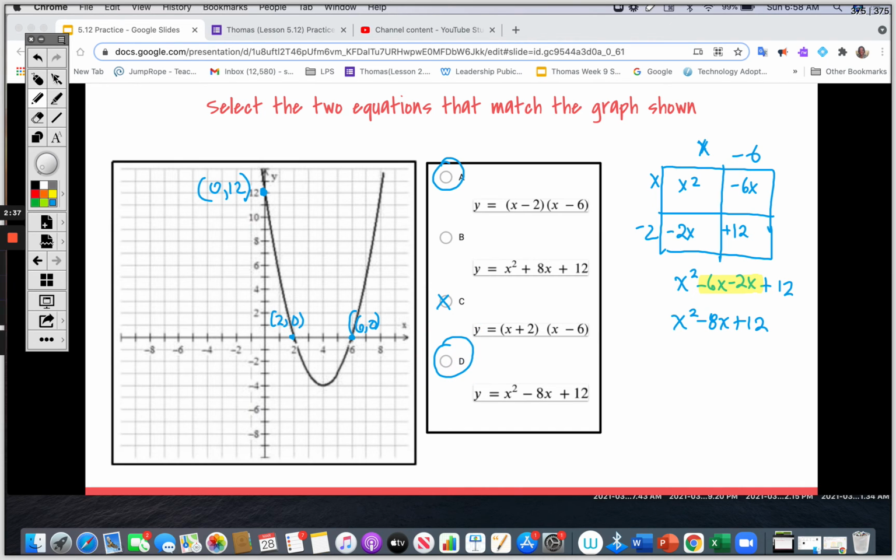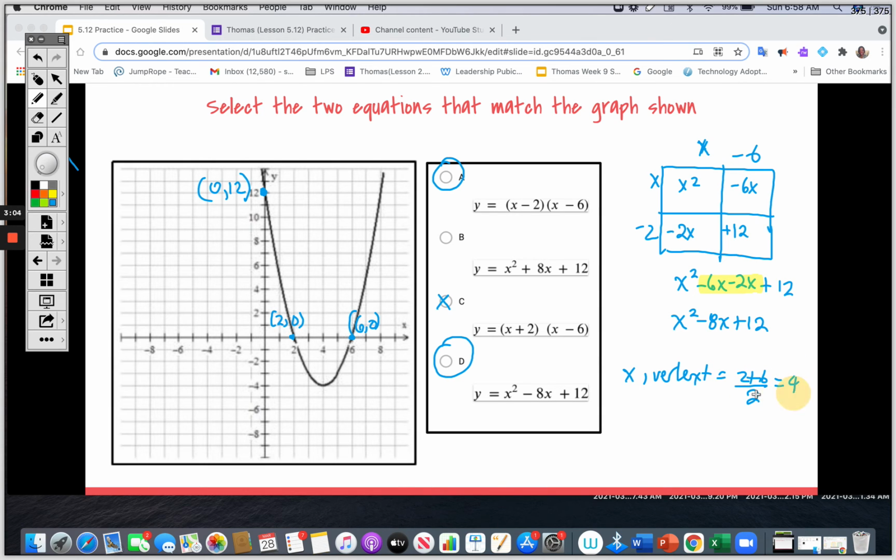All right. Now we already were able to find our x-intercepts and our y-intercepts. The last thing we need to find is our vertex. And remember, vertex is halfway between your intercepts. So the x value of the vertex is going to be equal to 2 plus 6 divided by 2.